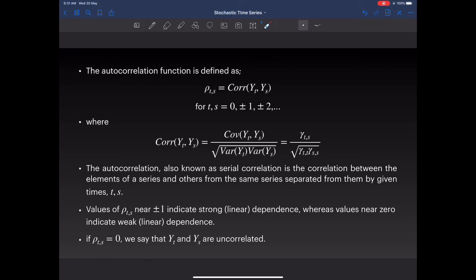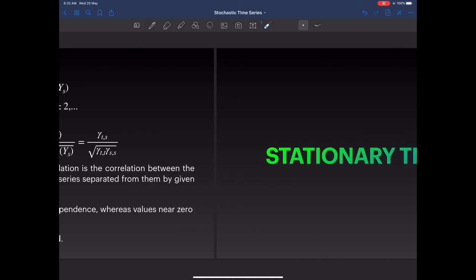Based on these autocorrelation values, it will give us an idea of how our observations depend on each other. The value indicates the magnitude of the dependency among the observations.